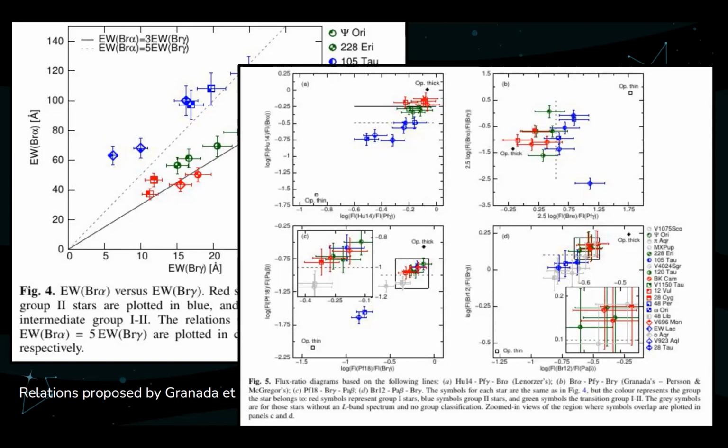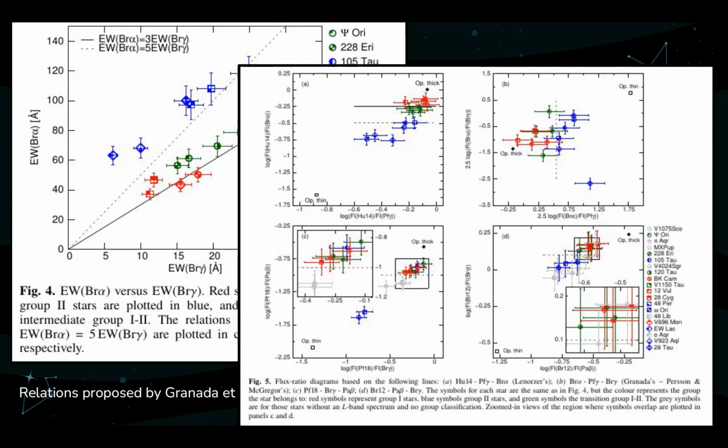We tried to classify these stars too, so we couldn't use the Meniken criteria. So I made these other diagrams, made in a very similar way to Lenorzer's diagram, but with lines that are not in the L band but in the other ones. So we can put all our stars there. We see that there is still a separation between the blue dots here, but the red and the green ones are together.